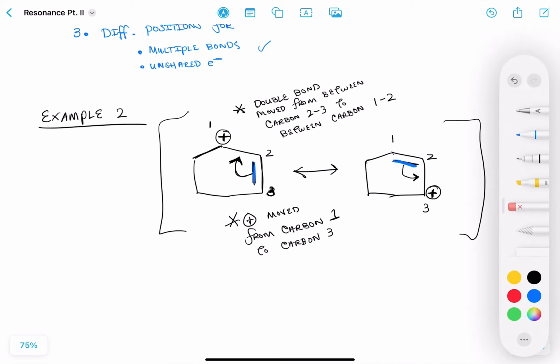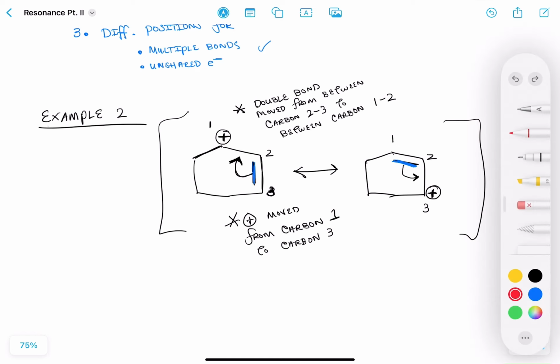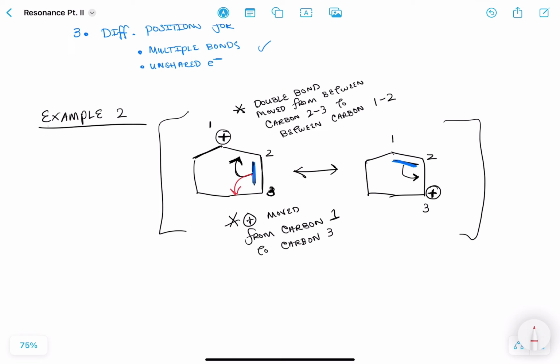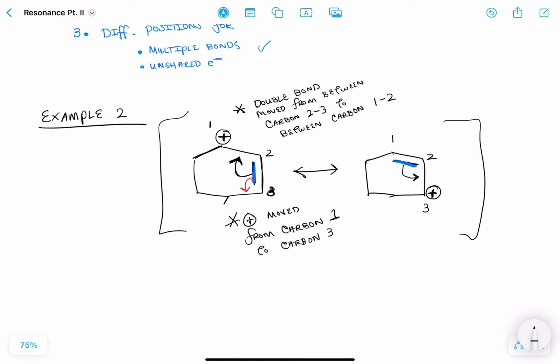Now, let's go back a little bit and see why we couldn't move the arrow the opposite direction. Why not move the arrow there? I'll draw it in red to indicate it's incorrect. Why can't I move my arrow between there? The reason is because I already have a full octet here and nothing can move. I can do that with a positive charge because I only had one hydrogen.